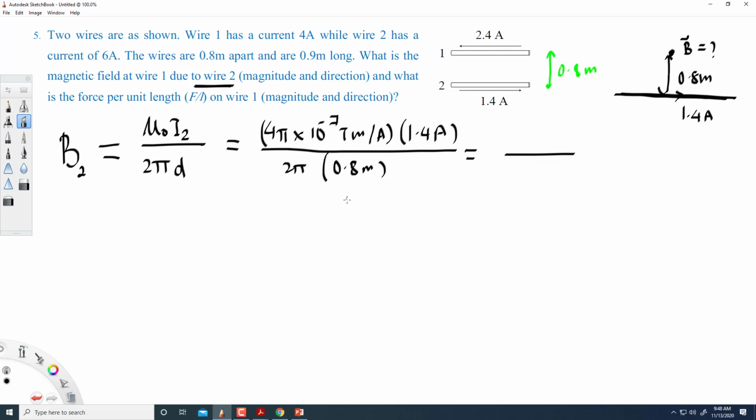What's that? 3.5 times 10 to the negative 7. Okay, you can do that. Assuming that's the correct one.